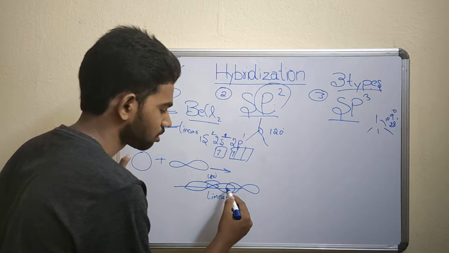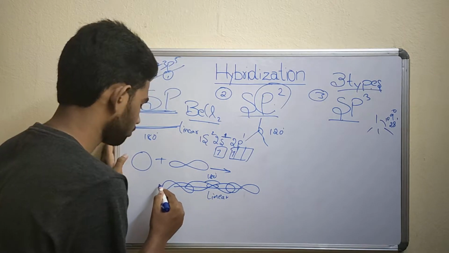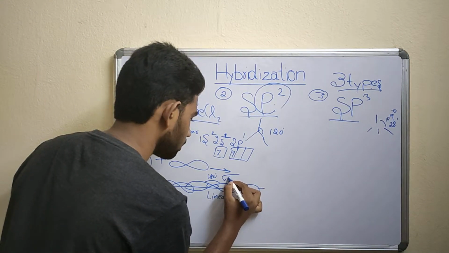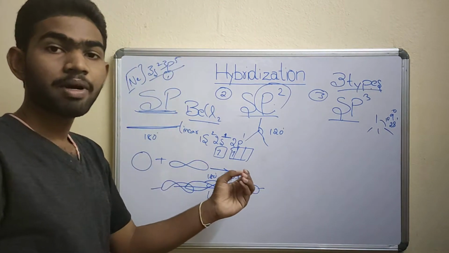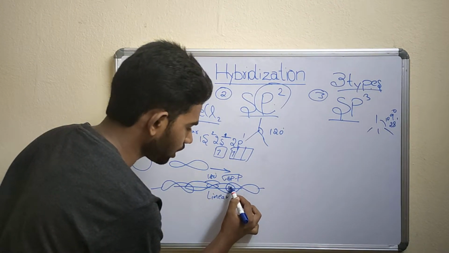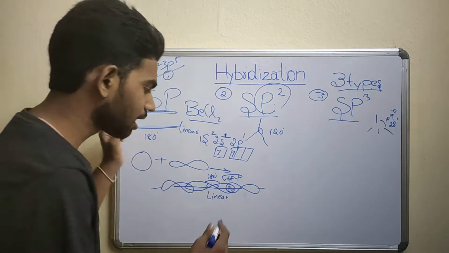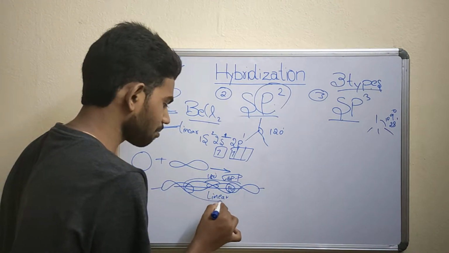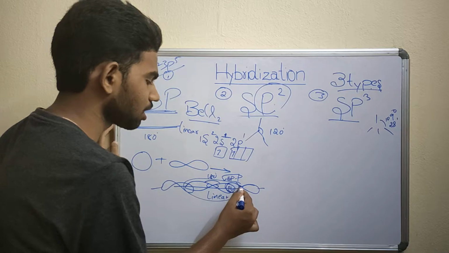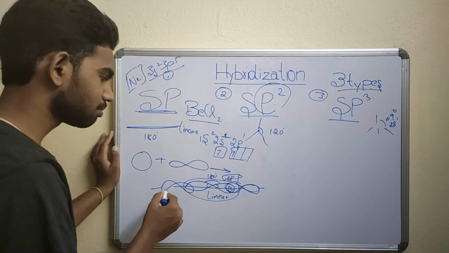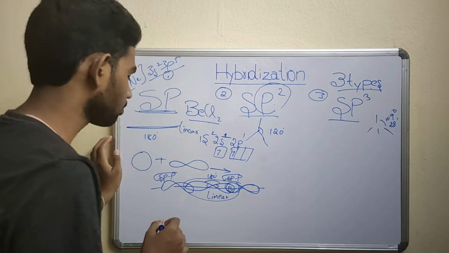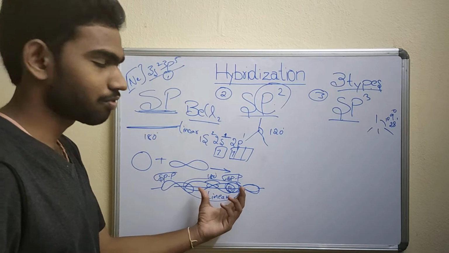Here the bond formula is sigma sp-p, meaning a sigma bond formed by end to end overlap, between the sp hybridized orbital of beryllium and the p orbital of chlorine. So the shape is linear and the bond angle is 180 degrees.